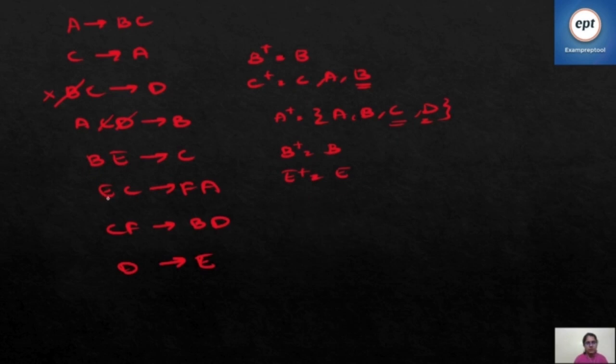Now let's check for EC. The attribute closure of E will derive only E; we cannot derive C out of that.